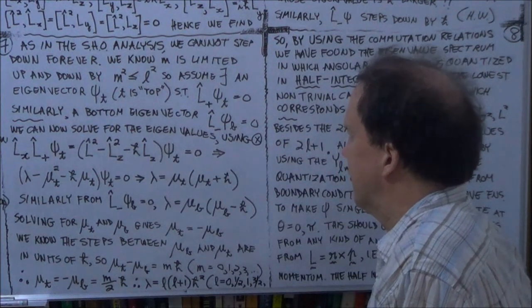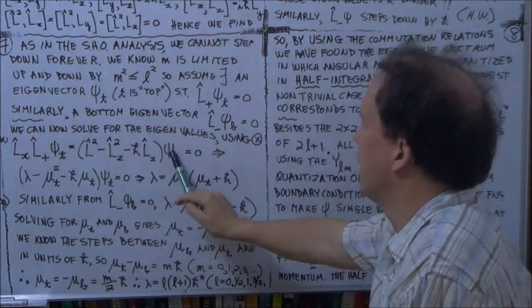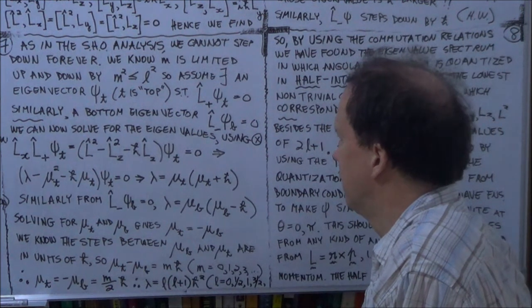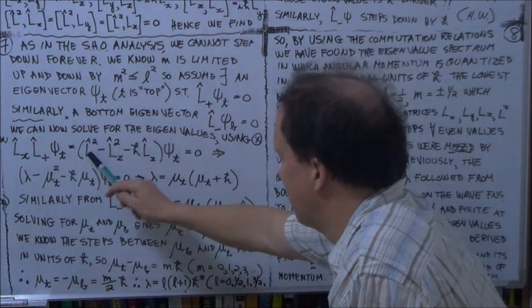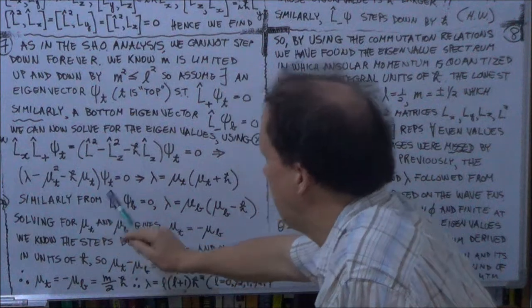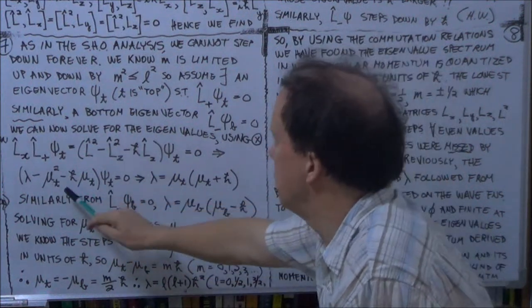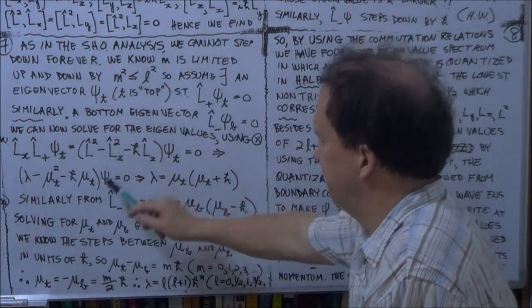Now L squared psi is lambda, just an eigenequation. So this is just lambda t, and here you've got the square of the z component, so that'll be mu t.